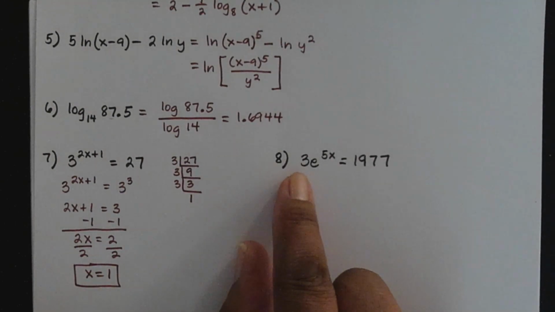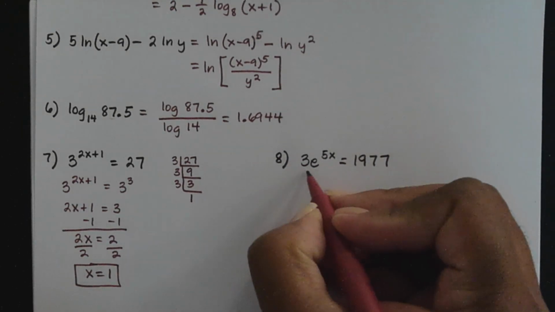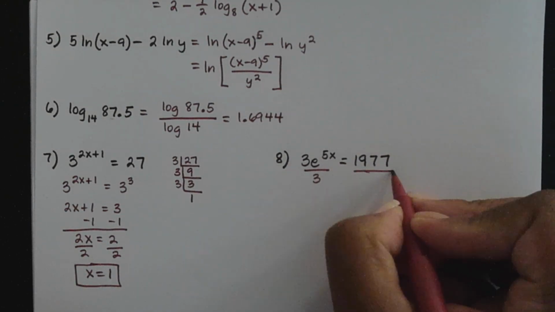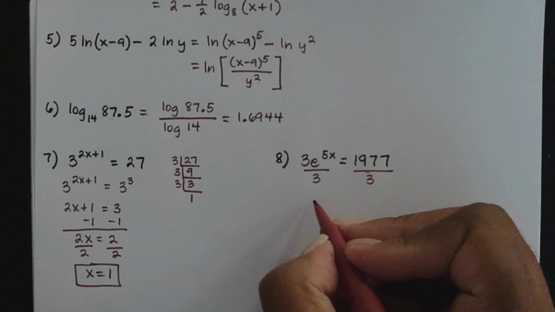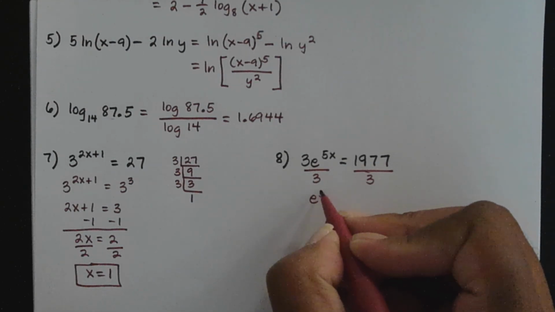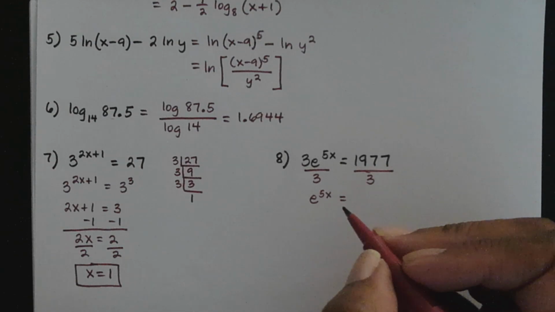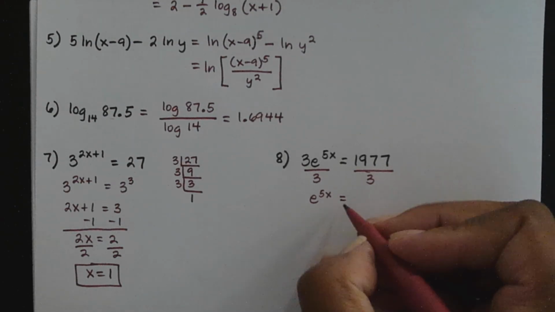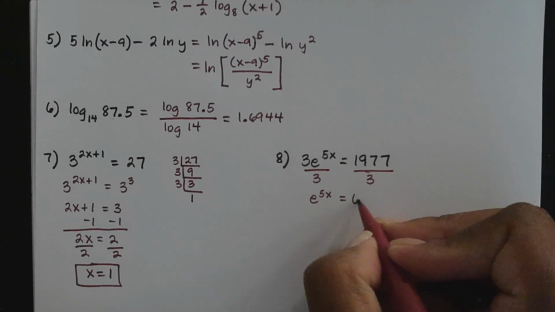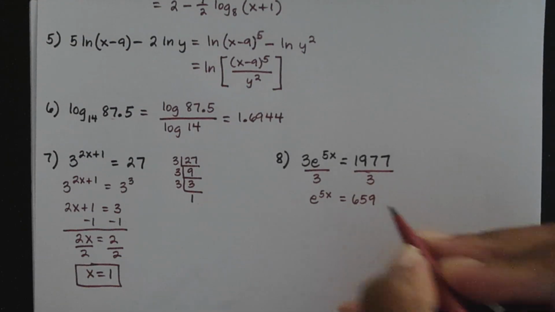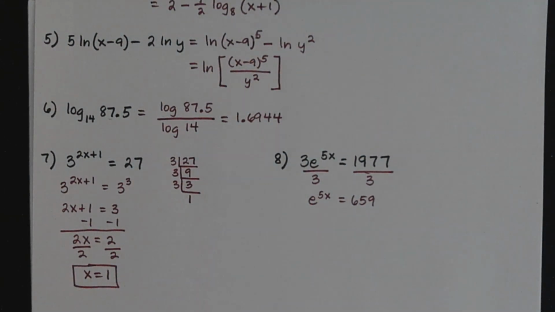It's being multiplied by the 3, so we need to divide both sides by 3. So that means e to the 5x is equal to, what's 1977 divided by 3? 659. So I have e to the 5x is equal to 659.